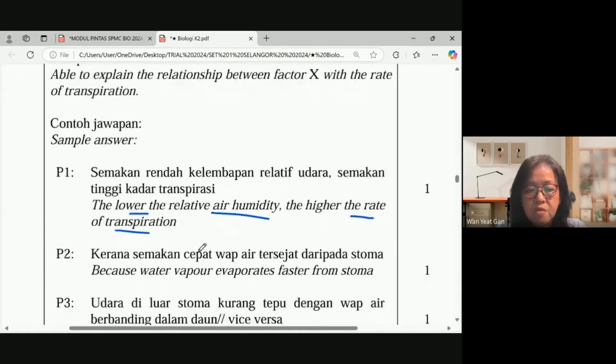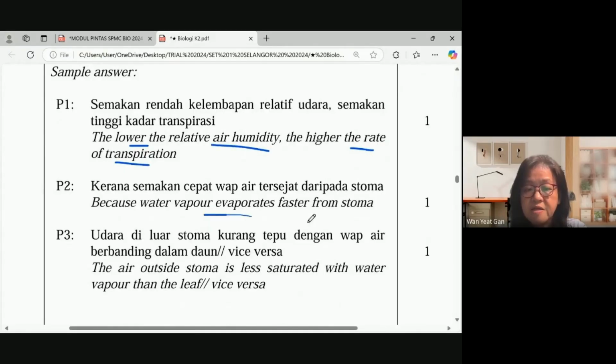Okay, so water vapor will evaporate faster from the stoma, and the air inside the stoma is more saturated compared to outside, which is less saturated.